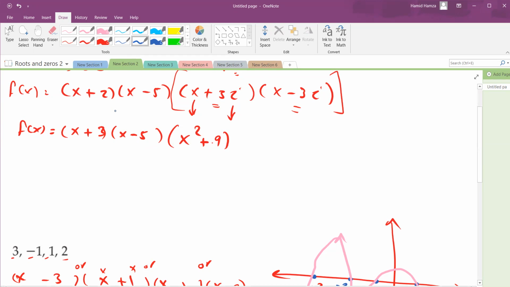So we want to multiply the terms in this bracket by all of the terms in this one. So we will take x, multiply it here, x and x. And down, negative 5, not 5, guys, negative 5 and negative 5. Expand. Then after you combine like terms, multiply again by x plus 3.